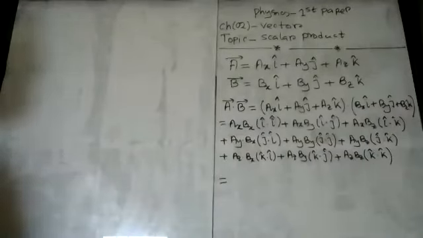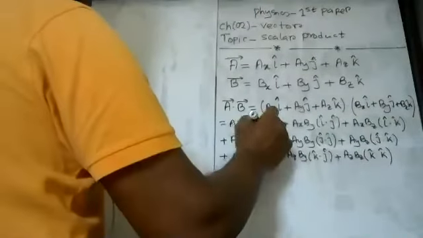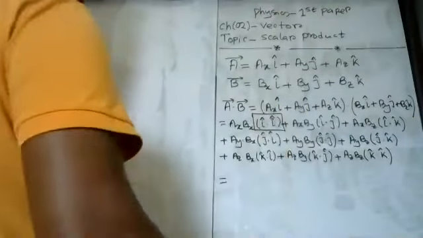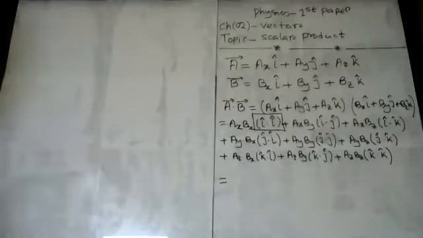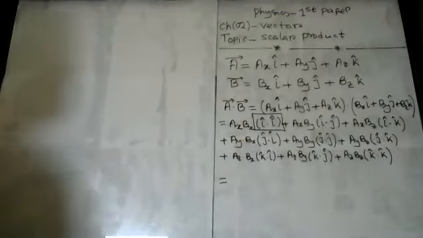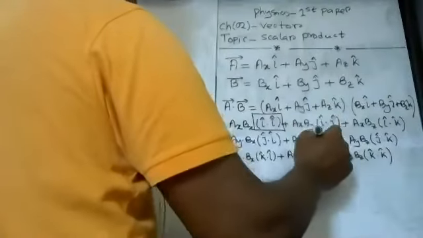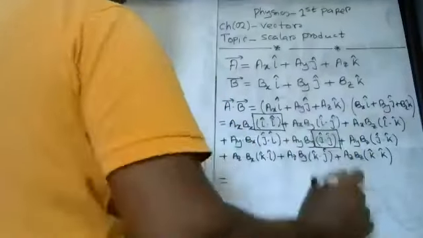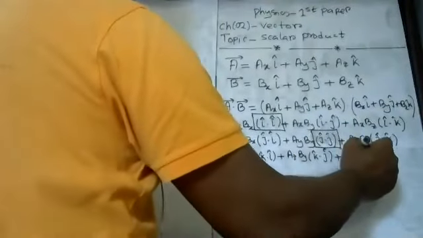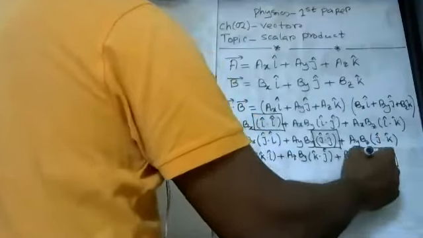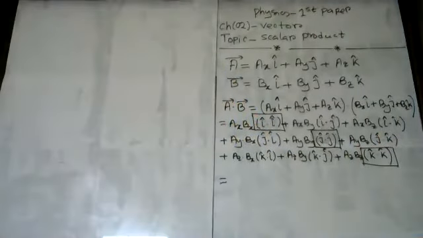Such as here, i hat dot i hat gives you 1, and the rest are 0 in the first line. Then j hat dot j hat gives you 1, and k hat dot k hat will also give you 1. Everything else remains 0.